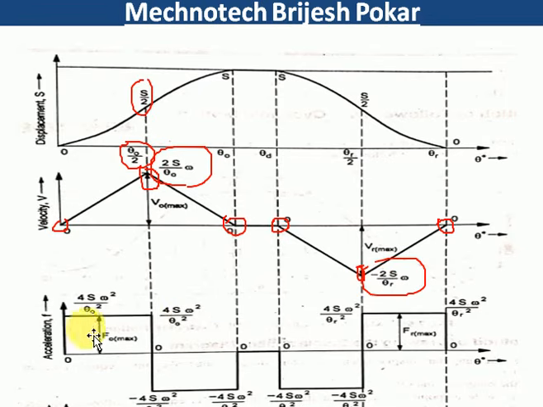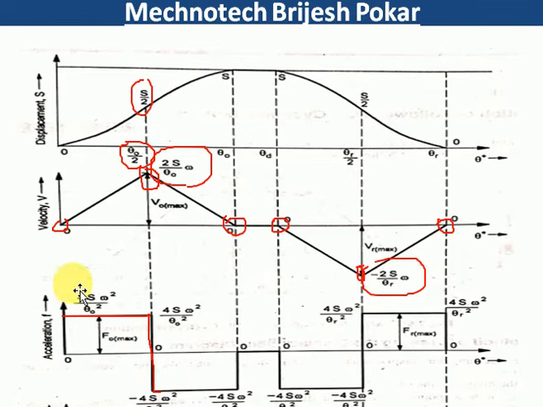Okay, now acceleration. You can see here that during the half period acceleration is maximum, then from the center of the raise period the acceleration is the same but in a downward position, meaning the negative side.